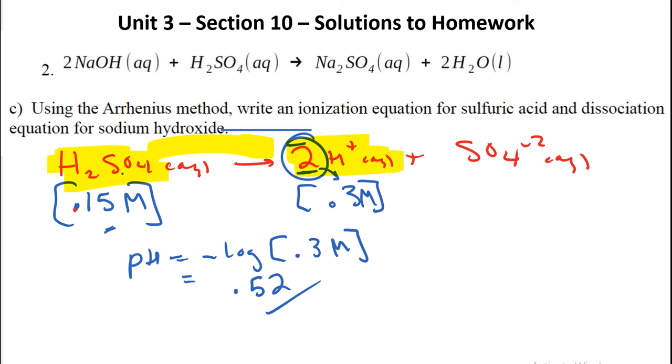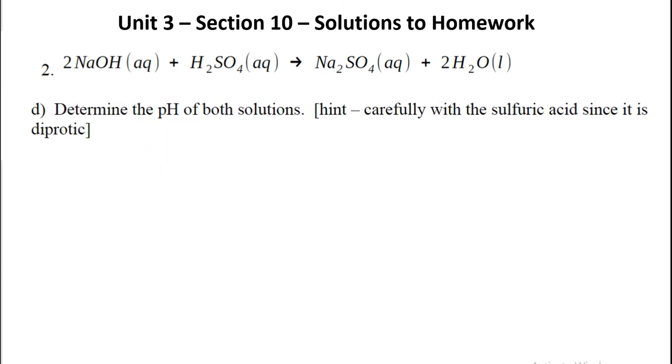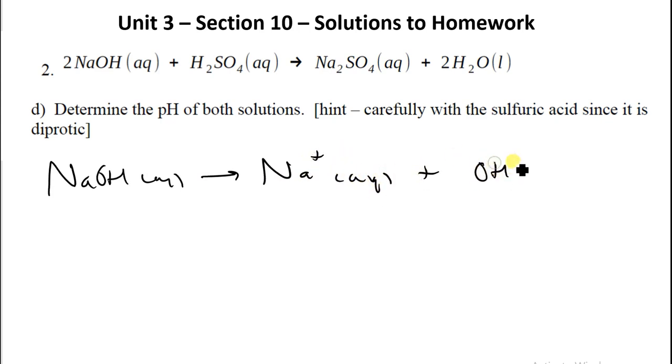Now you're wondering, does the same idea apply to the base? Well, we'll go ahead and do the base. You'll remember that the concentration of our base that we found was 0.6. So when we go to write out our equation here, we've got our NaOH, and we've got 1 sodium, and we have 1 hydroxide.